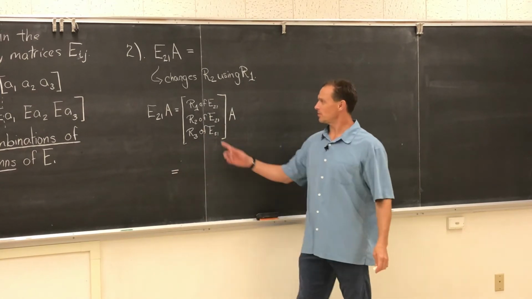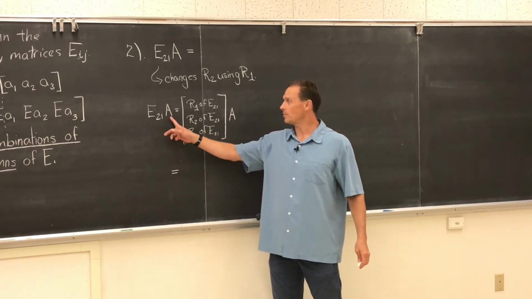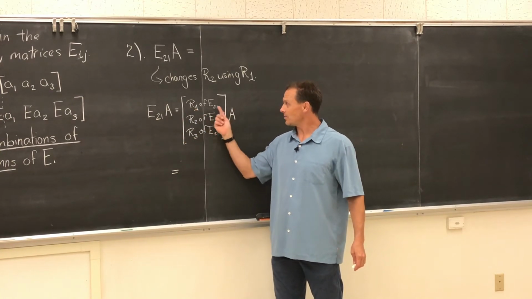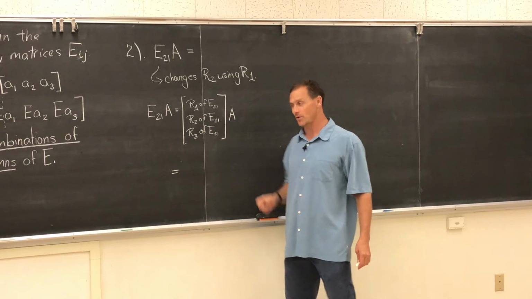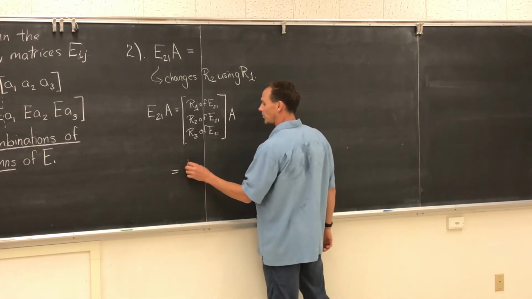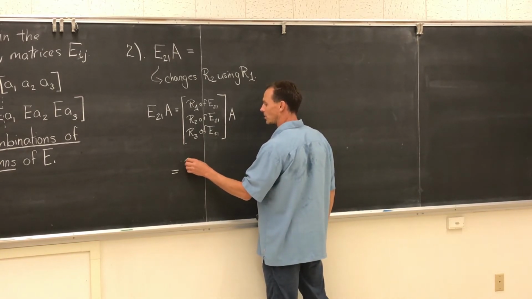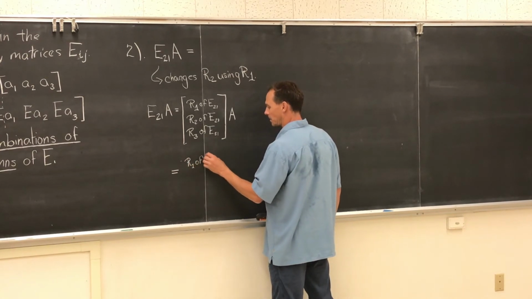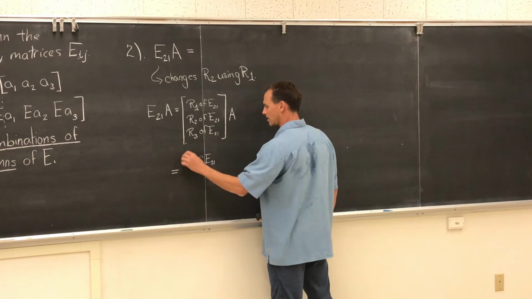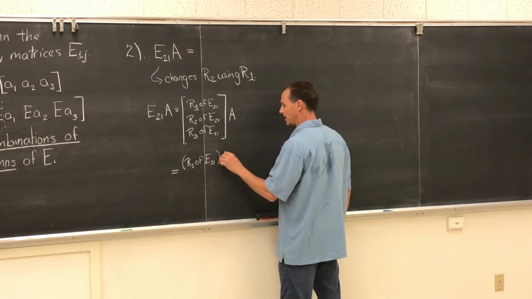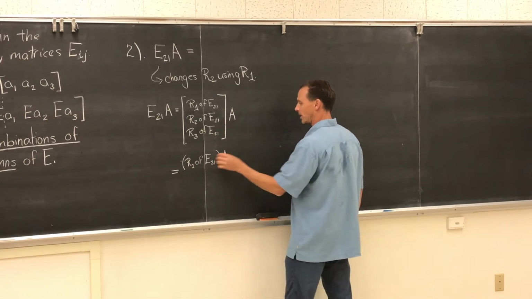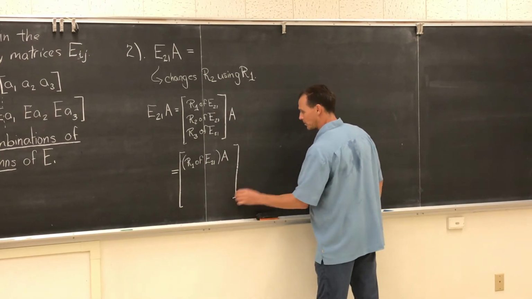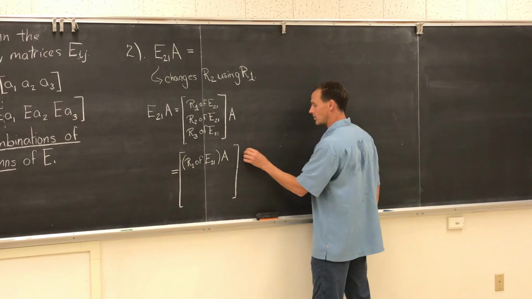Well, when we multiply E21 times A, we didn't change anything. There was no change in the first row of A. In other words, how did we do that? Well, we took row 1 of E and we multiplied it by A. And we're going to keep track of this now. What happened here to A? The first row of A, there was no change.